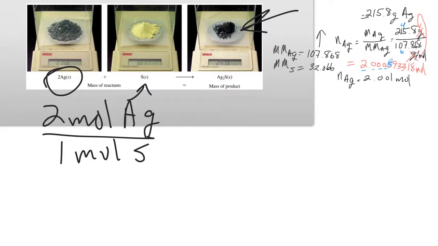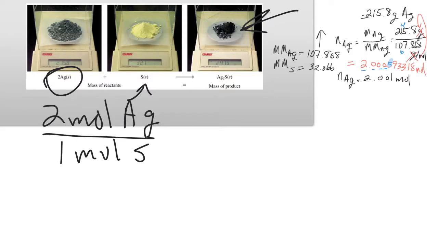Just like a dozen is 12, we could have 12 eggs or 12 cars. If my car has a dozen wheels on it and it has 2 dozen hubcap pieces, then you could see the same relationship.